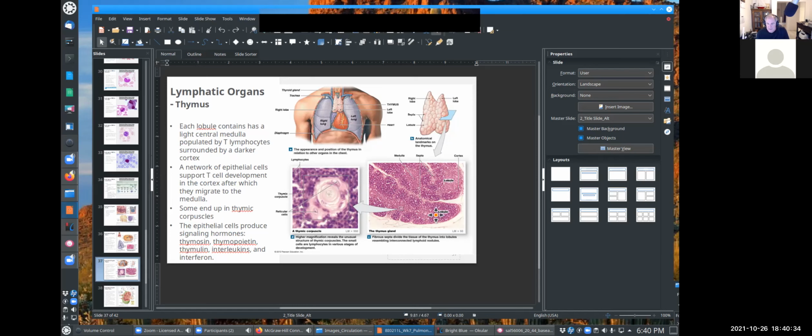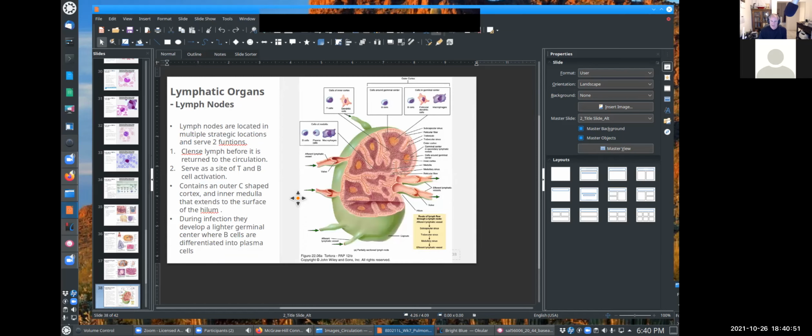It's kind of a lumpy gland. You know, we haven't seen a gross specimen of a thymus. The lab looks kind of like a thyroid, but it's bigger in children. Right. So. Okay.